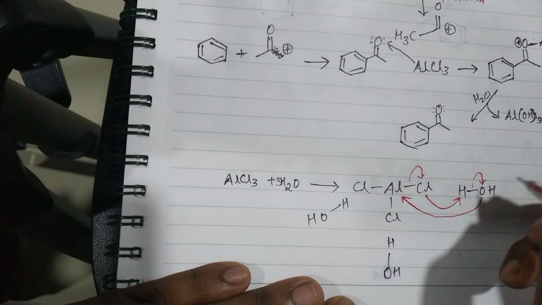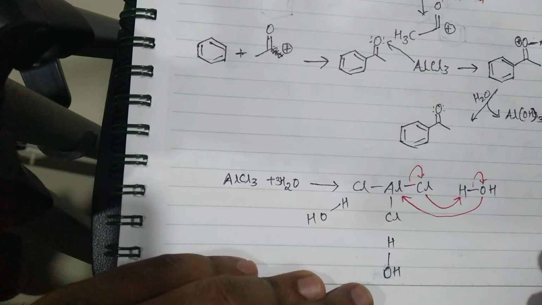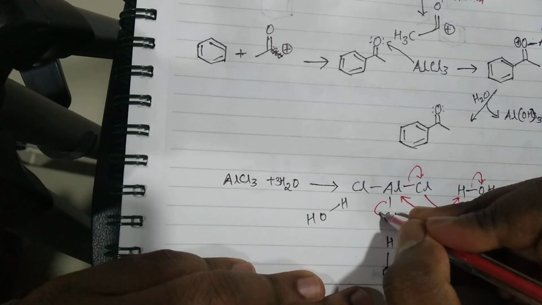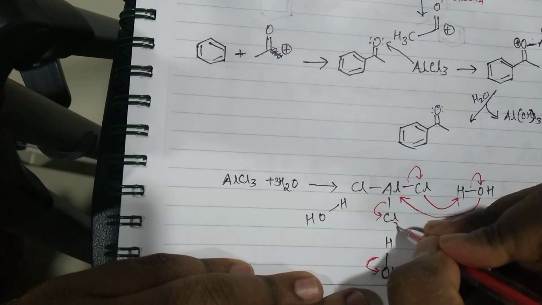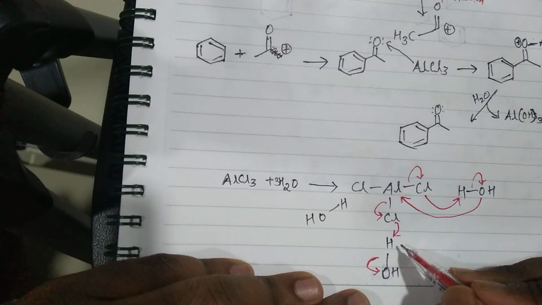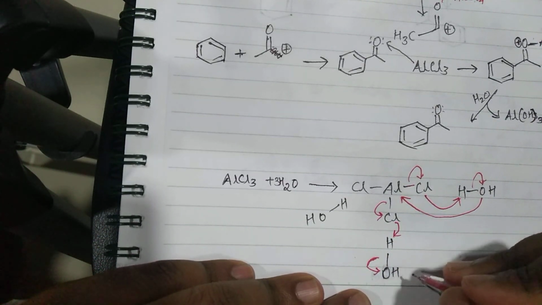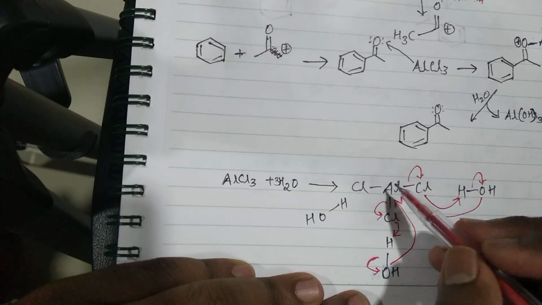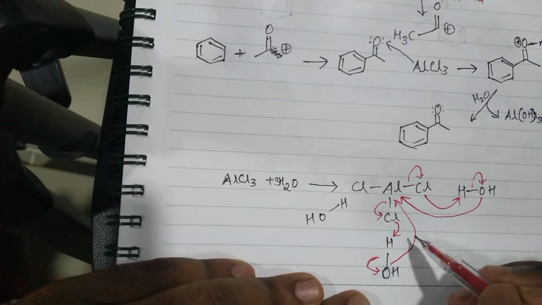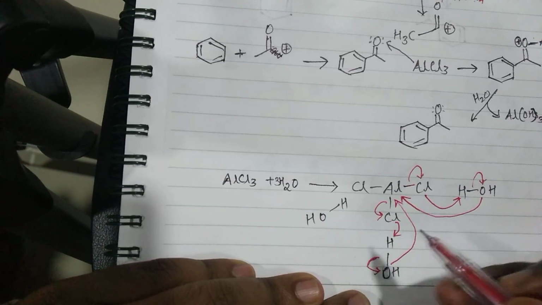So aluminium favors oxygen over chlorine. The same thing will happen here. These electrons jump and sit on OH. This chlorine will pick up this hydrogen in the form of a proton. This oxygen will come and attack this aluminium. So now you have Al with 2 OHs. You will get the third one from here.